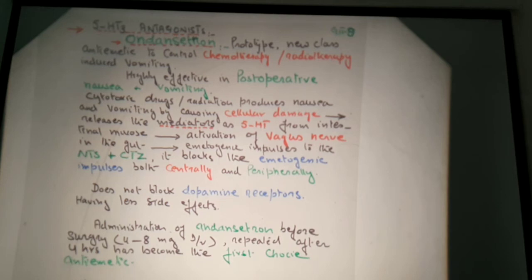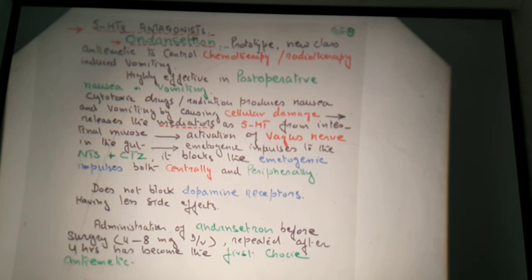So these are the conditions responsible for emesis. Radiation and cytotoxic drugs are usually used to damage cells at the cancer site, that particular part of the body where the cancer is.